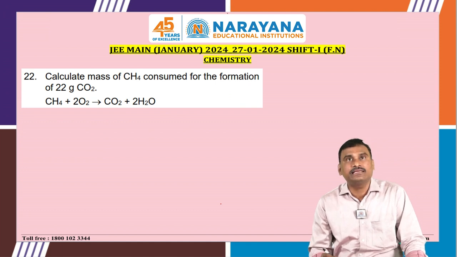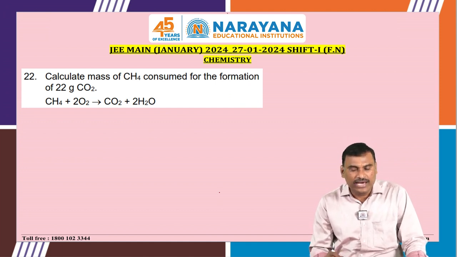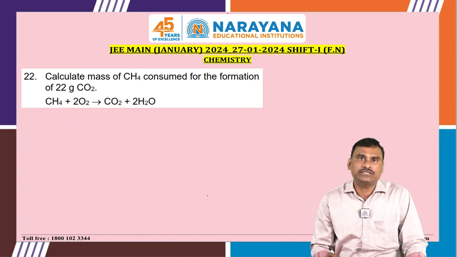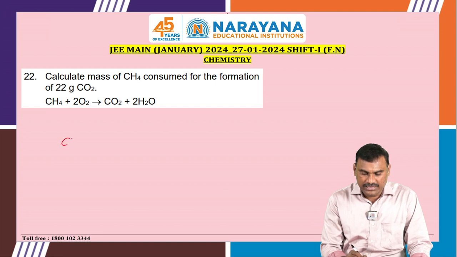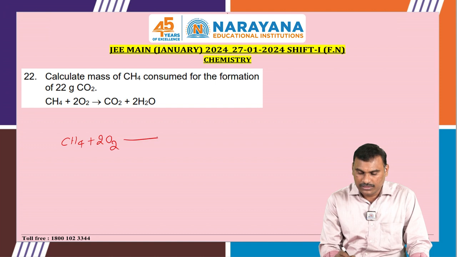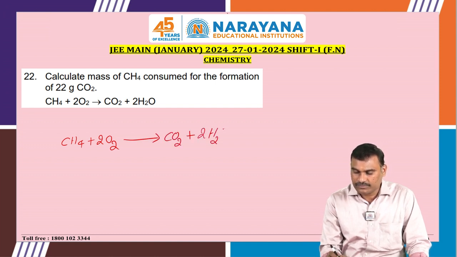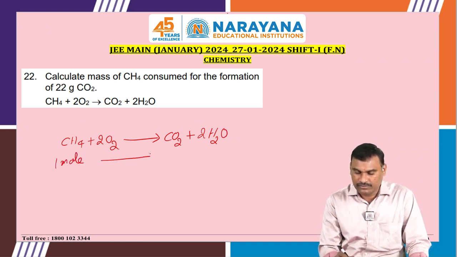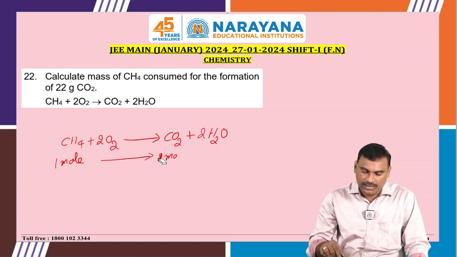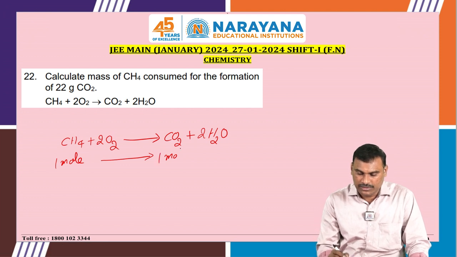Calculate the mass of methane consumed for the formation of 22 grams of CO2. The question is related to the stoichiometric equation. The balanced chemical equation is given: methane gives carbon dioxide plus water. Actually, 1 mole of methane produces 1 mole of carbon dioxide.